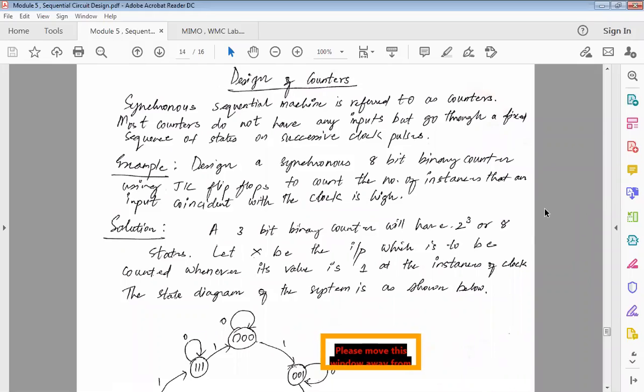Examples would be from clocks to stopwatches and so on. Sir, with counters, we can not only count, but we can also measure frequency and time. Frequency and time, how is that? Can you please explain?